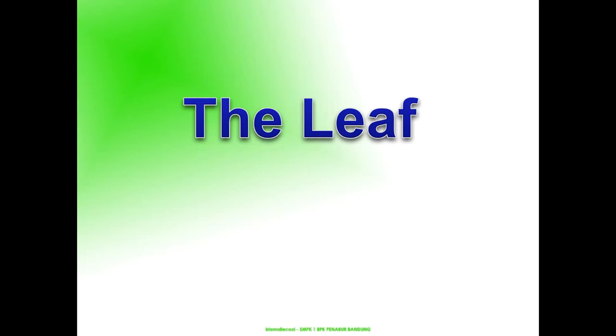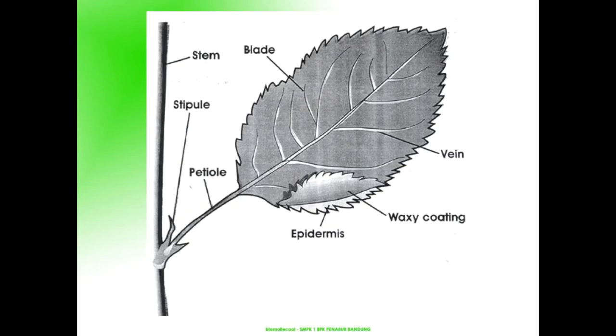Okay, now the leaf. This is a picture of a leaf, and it shows us the parts of a leaf. Blade is the large, wide, thin part found in plants.